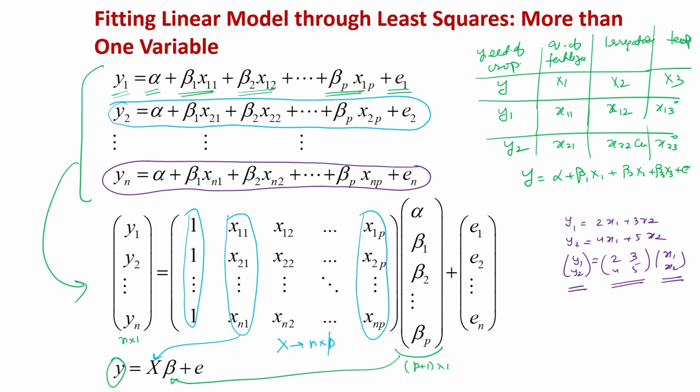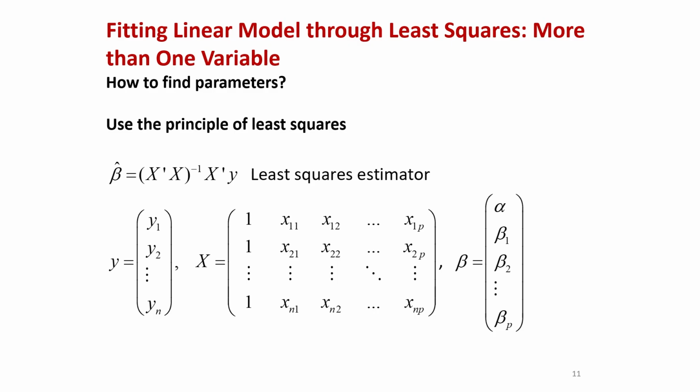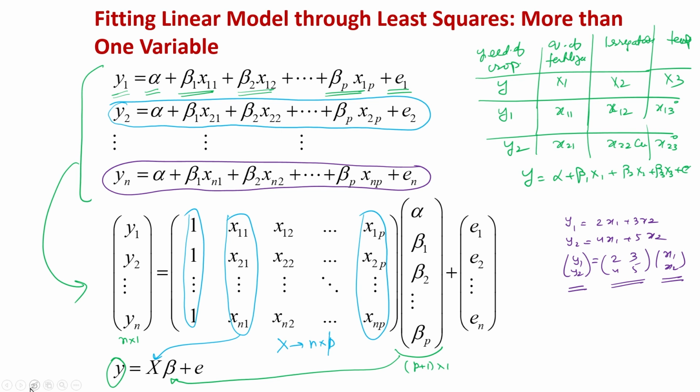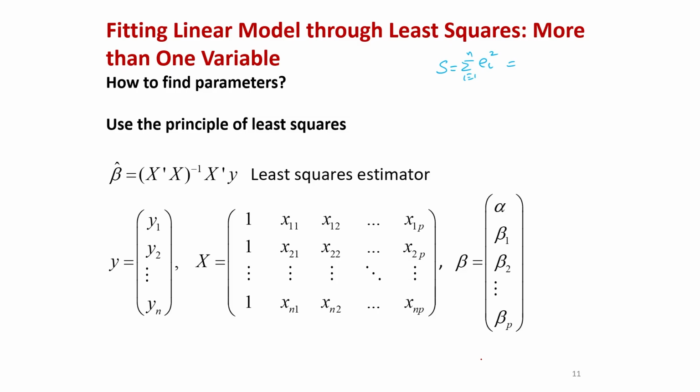Now this is my model y equal to x beta plus epsilon, and you can recall that earlier we had written S and then minimized summation ei square, i goes from 1 to n. Whatever I have written as the n cross 1 vector e1, e2, en, I am indicating as e. So now this summation ei square can be written as e transpose e.